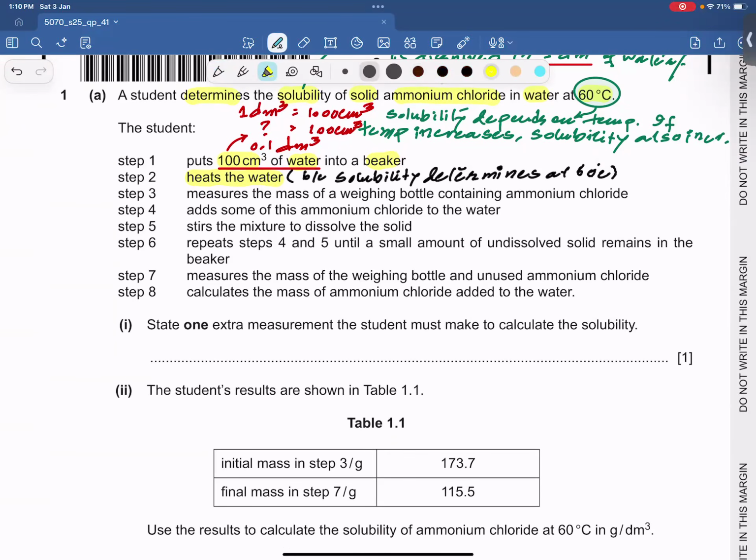Next, measure the mass of a weighing bottle containing ammonium chloride. Add some of this ammonium chloride to the water. Stir the mixture to dissolve the solid. In order to stir the mixture, we use a clean glass rod.